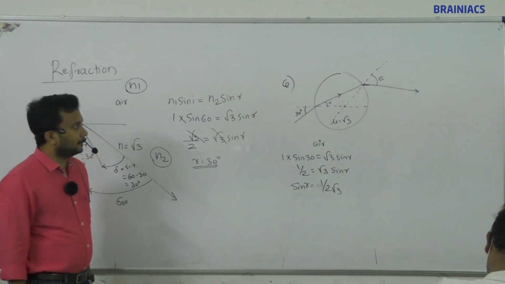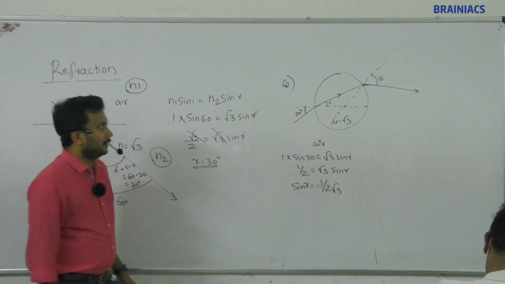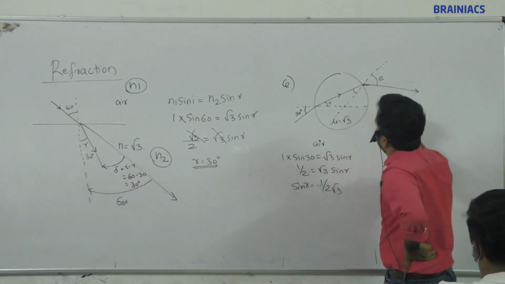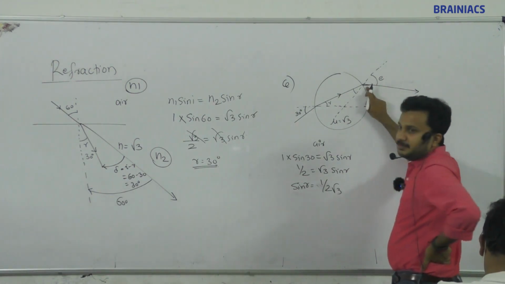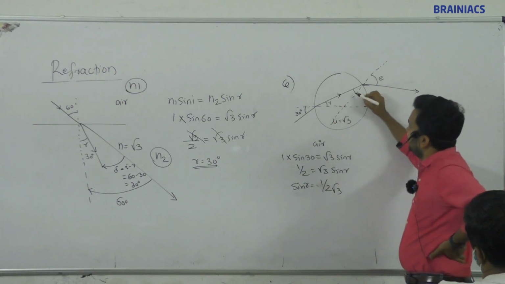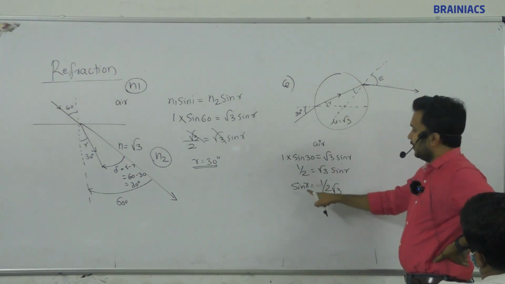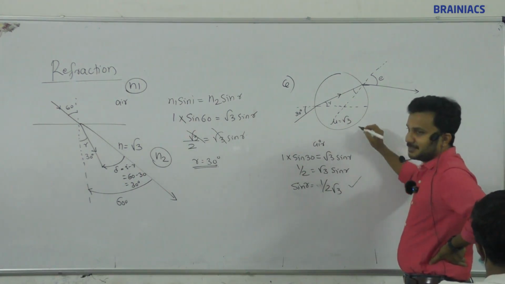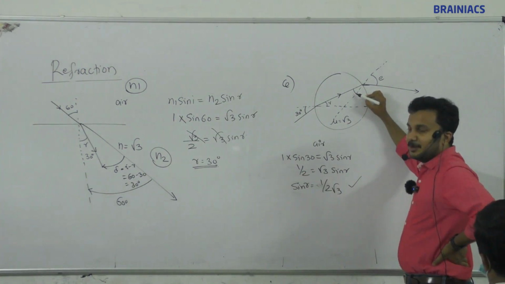Then that will be the incident angle for the next ray. Incident angle means this is the normal. So what is the value of this one? This is the incident angle for the next ray. This r you got, sine r equal to sine. So it's correct. How same?